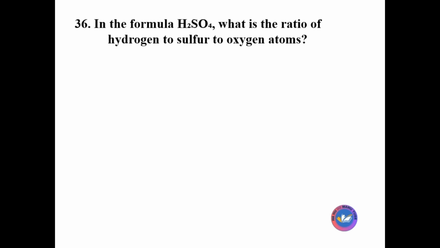Question number 36. In the formula H2SO4, what is the ratio of hydrogen to sulfur to oxygen atoms? A. 1:1:2, B. 2:1:4, C. 1:2:4, D. 2:4:1.